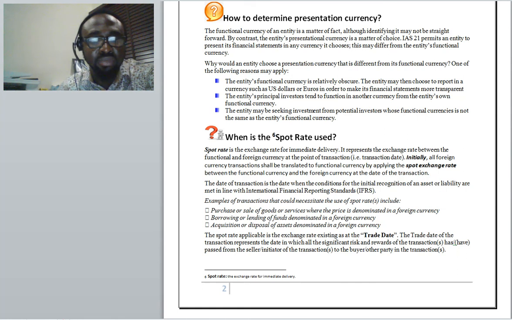Likewise, the entity may be seeking investment from potential investors, and so it tends to satisfy the requirements of the potential investors, and also their ability to make better informed decisions with respect to a currency they are familiar with. These are some of the factors that entities are expected to consider in determining presentation currency. And in most recent times, it is evident that sometimes companies report in dual currencies.